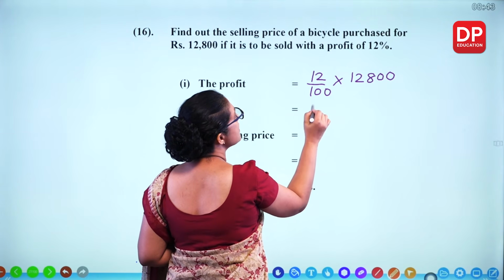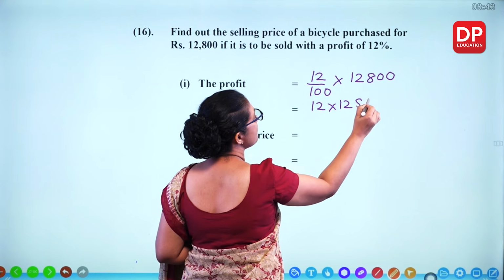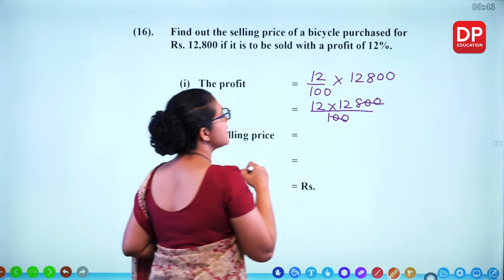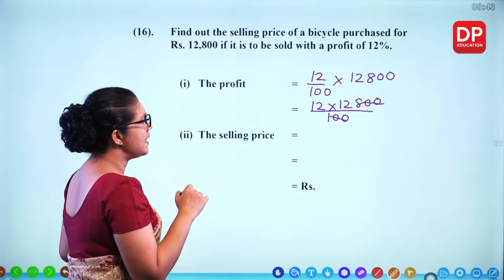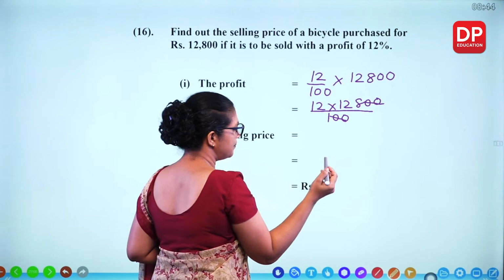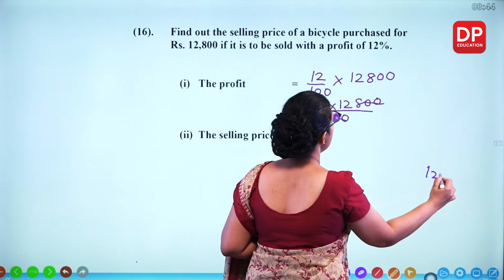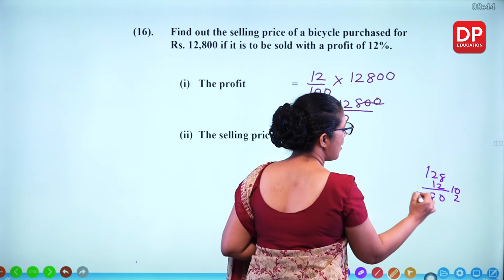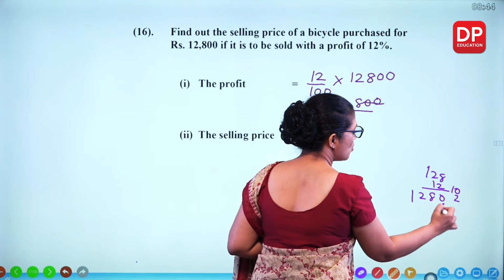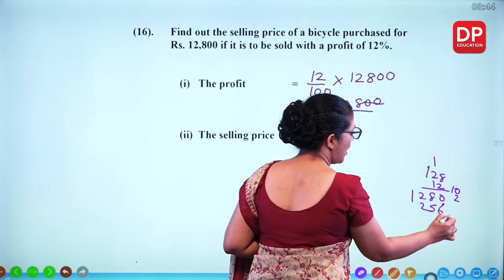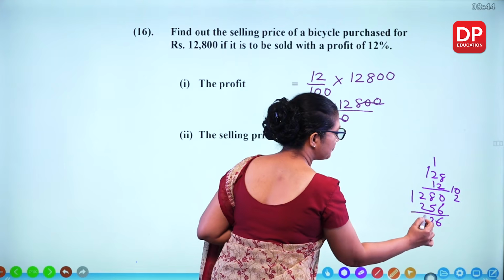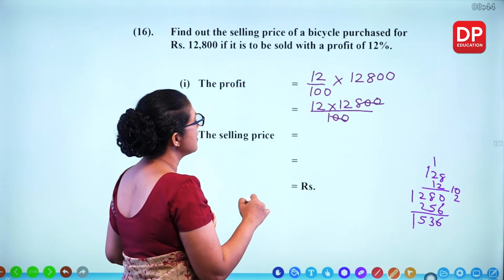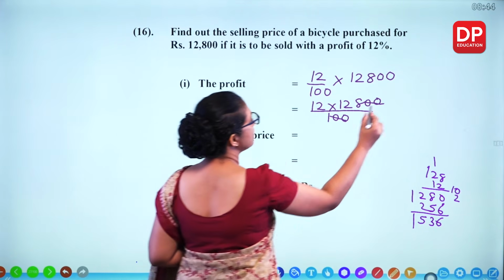So, multiply separately here and divide by 100. So, 2 zeros get cancelled out. 12 times 128. So, we'll multiply 128 into 12. So, 10 and 2. Multiply by 1 and then 2 and then add it. 1,536. So, that's the profit.